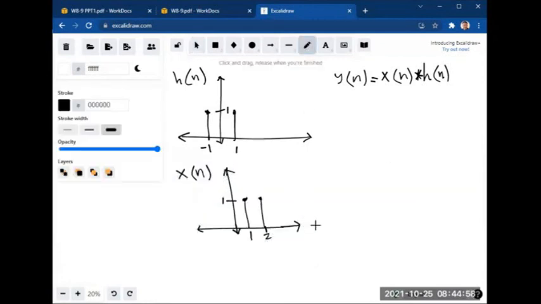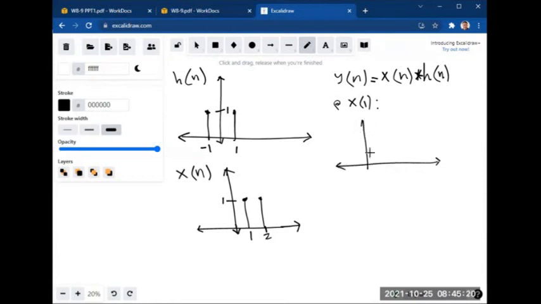What will happen is we will analyze each input pulse. We will analyze this for x of 1 first. So what will happen to our signal during x of 1?